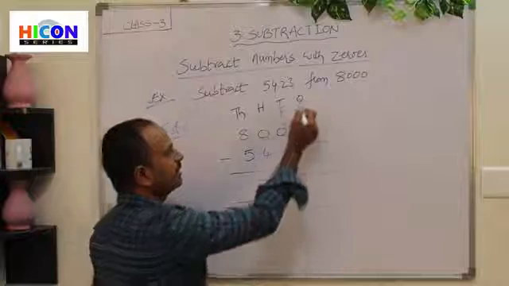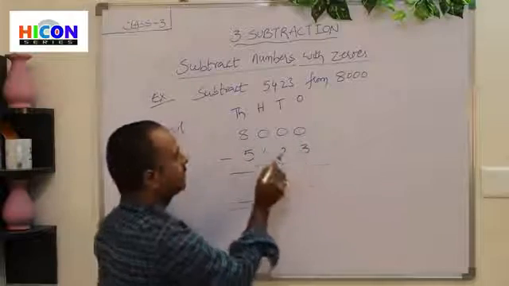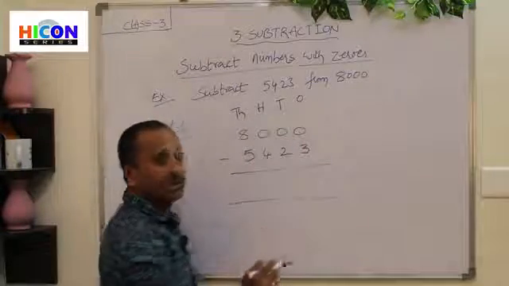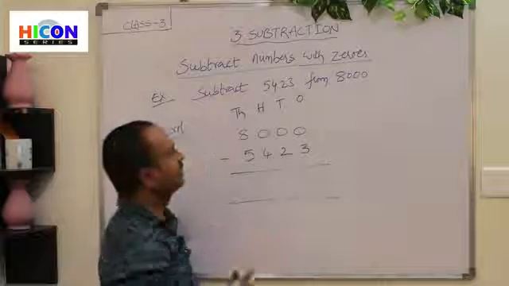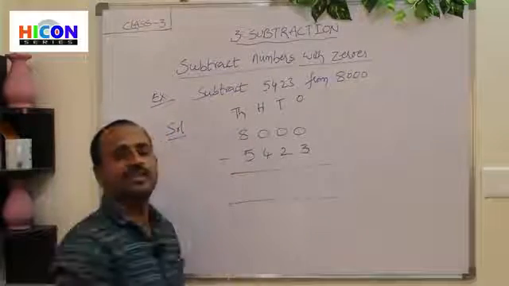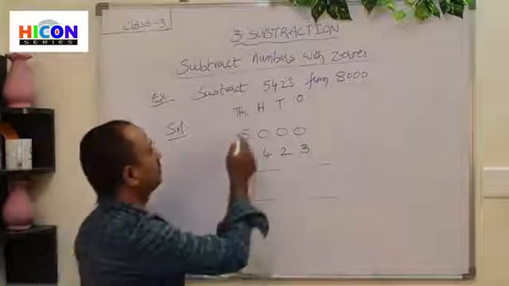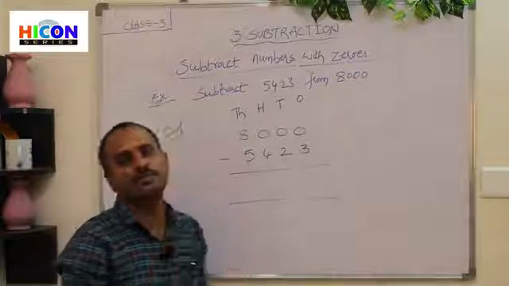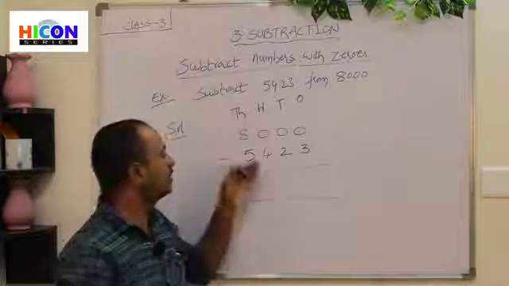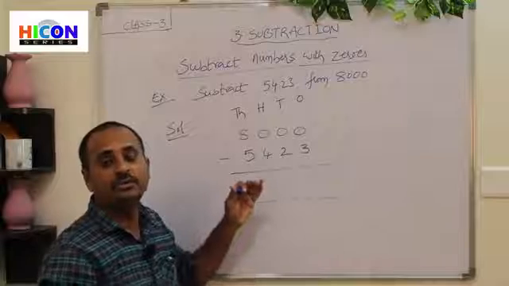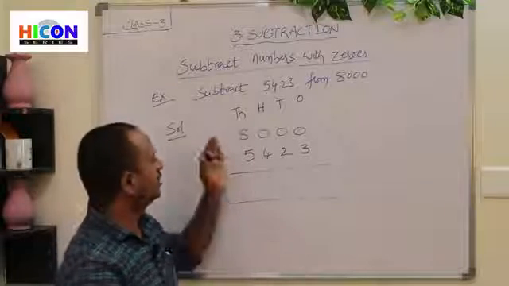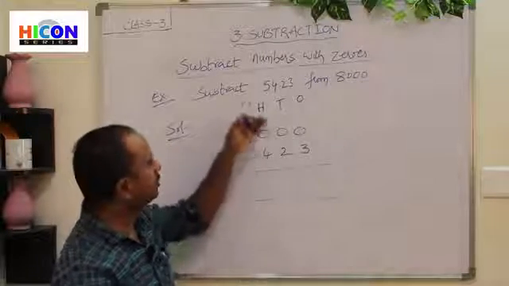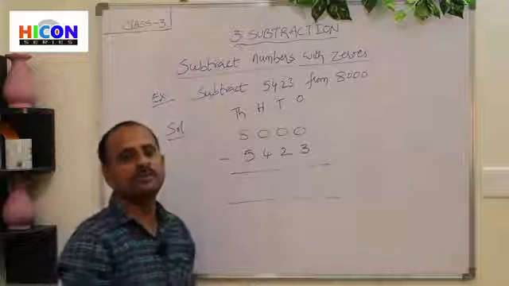That means the ones digits should be in the ones place, the tens digits in the tens place, the hundreds digits in the hundreds place, and the thousands digits in the thousands place.